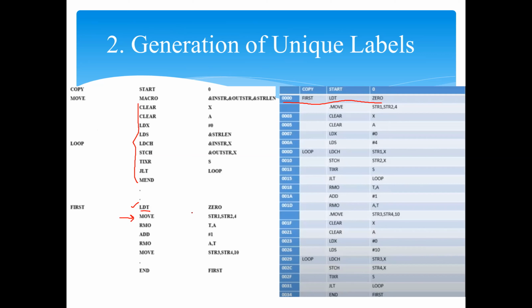You have MOVE, where str1, str2 and 4 are passed as arguments. Wherever INSTR appears, it will be replaced with str1, wherever OUTSTR appears, it will be replaced with str2, and wherever STRLENGTH appears, it will be replaced with 4.